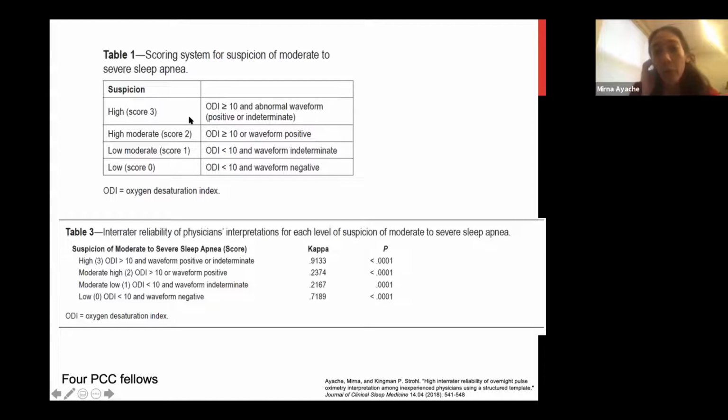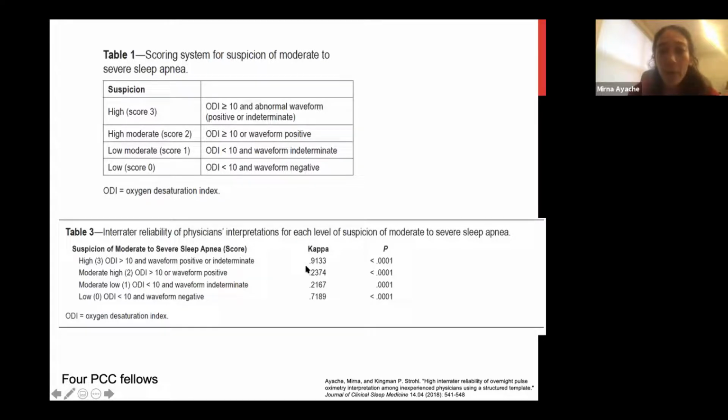For example, if your waveform is positive or indeterminate and your ODI is greater than or equal to 10, then that's considered a high suspicion for sleep apnea. If your ODI is less than 10 and your waveform is completely negative, then that's a low, score 0 suspicion for sleep apnea. The other ones are in the middle.